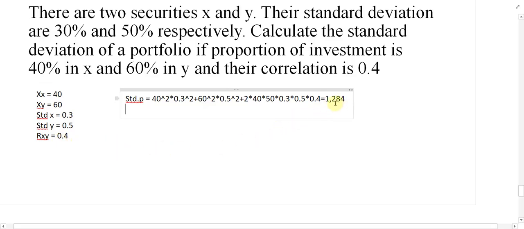So total value is equal to how much? It is 1284. So it is basically under the root, right? All of these are under the root of 2. So now take root of 2 of this one.